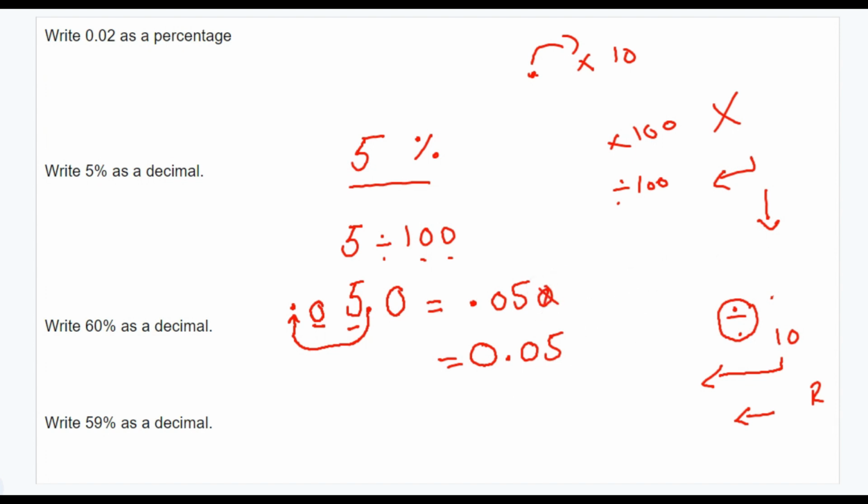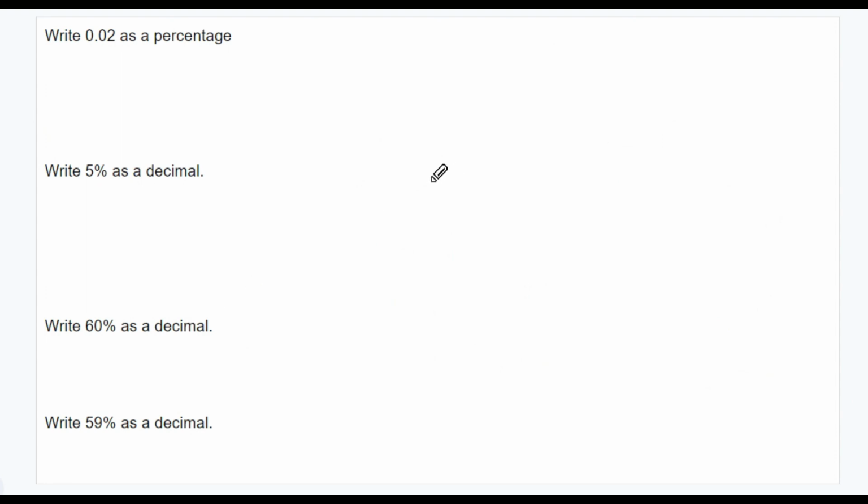Now some more examples. For example, 60% as a decimal. When you need to convert into a decimal, it means you need to finish this percentage and go down, so you need to take back 100.